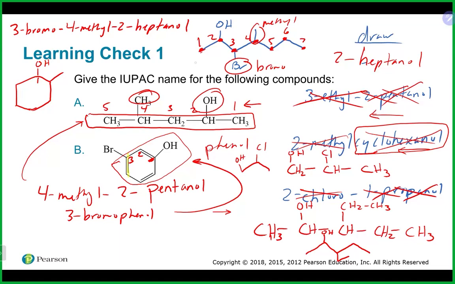By the way, is this alcohol here a primary, secondary, or tertiary alcohol? It is a secondary alcohol. The carbon where the OH group is attached is bonded to one carbon, two carbons. This would be a secondary. This guy, primary, secondary, tertiary? It is a secondary as well.